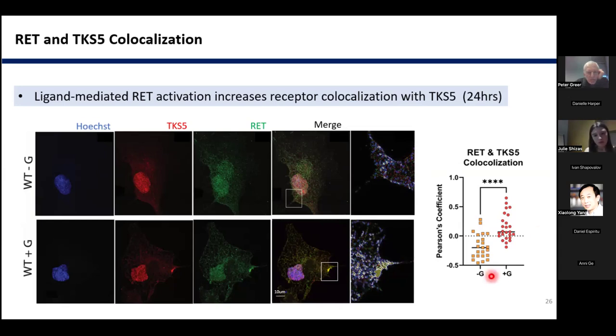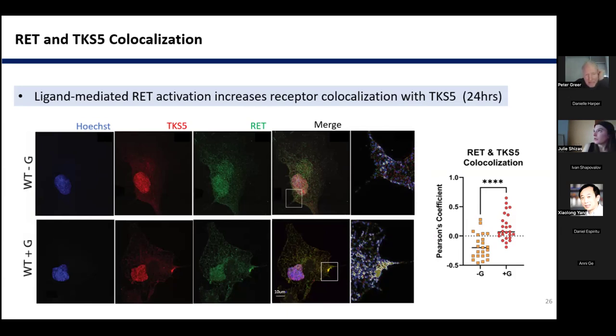You can see that when there's no GDNF, it actually has a negative colocalization coefficient, or Pearson coefficient, versus when we add GDNF, they colocalize more. Anywhere outlined in white shows areas of colocalization picked up by the script.